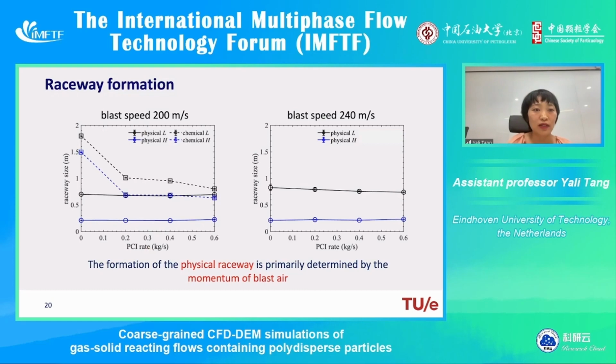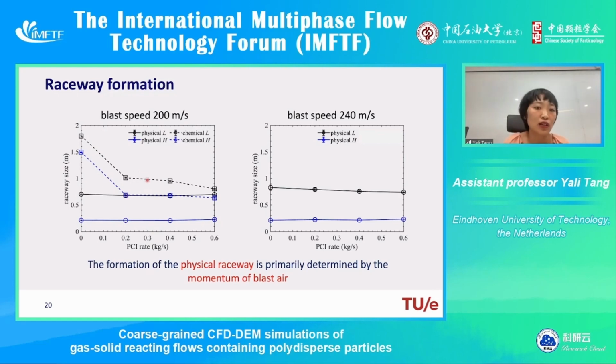And with that, first you can see, again, this is the height and length of the chemical raceway. You can see that it actually decreased with the injection rate of the coal particles, because the more coal you inject, they should be able to, let's say, consume more oxygen, and then you have less oxygen to enter the coke bed.